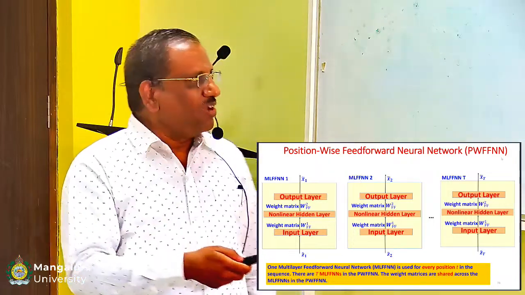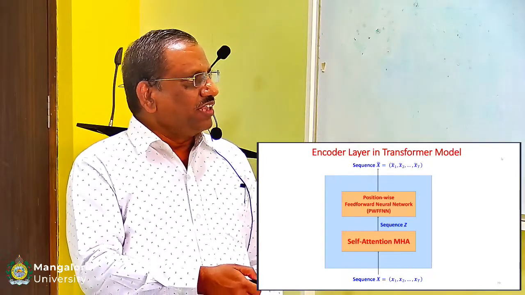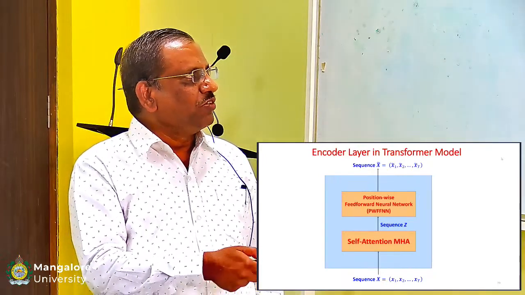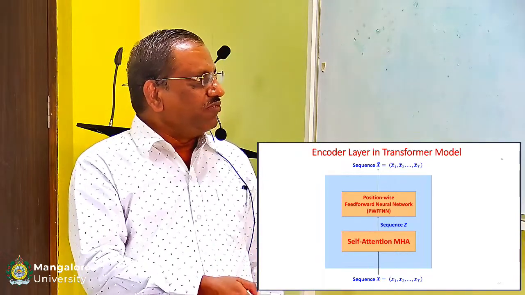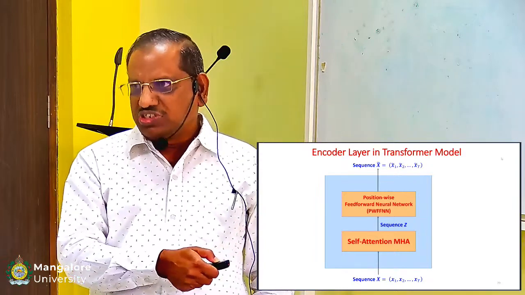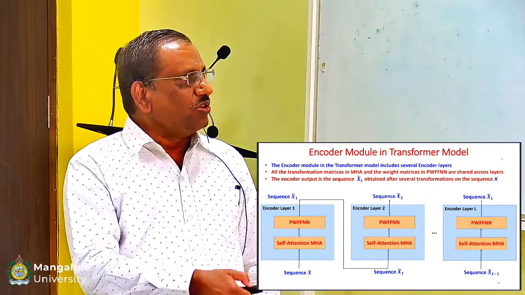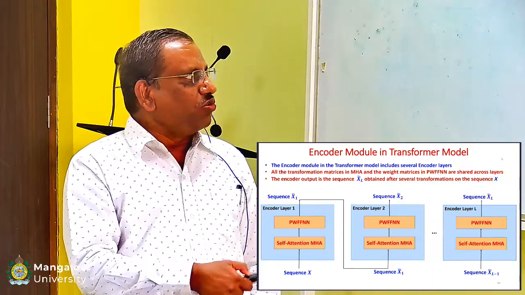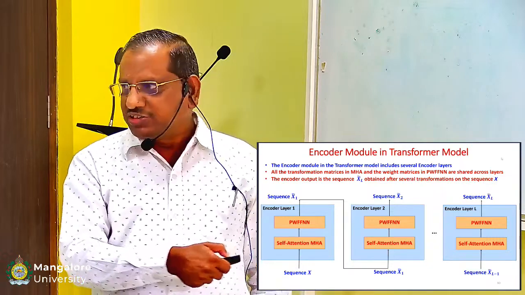So basically all of this forms one layer, like you can see here, there is a self attention, multi-head attention, then this feed forward neural network. This forms one layer which takes the input sequence and then generates a new sequence, and this we do for multiple layers in the encoder module. Like you can see, the input sequence is given here, then we generate the new representation x1 tilde.